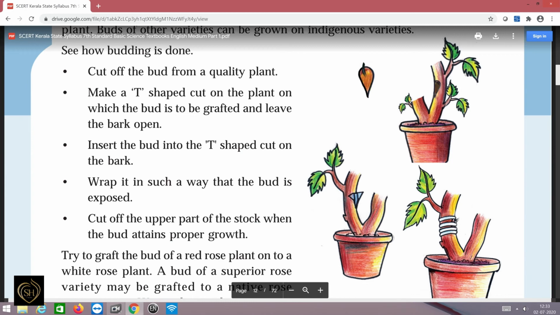Select the normal rose plant in your house and make a T-shaped cut on the bark of that particular plant. For example, I am saying the rose. You can take any other plants also.